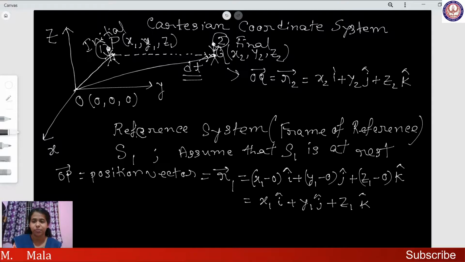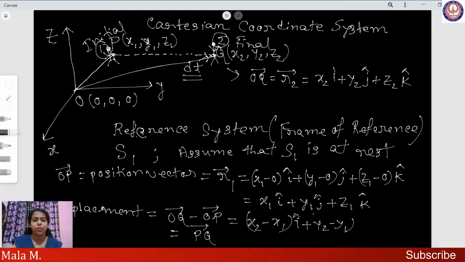So it will simply be OQ minus OP, that means the vector PQ. Now, OQ minus OP will be (x2 minus x1) i plus (y2 minus y1) j plus (z2 minus z1) k.